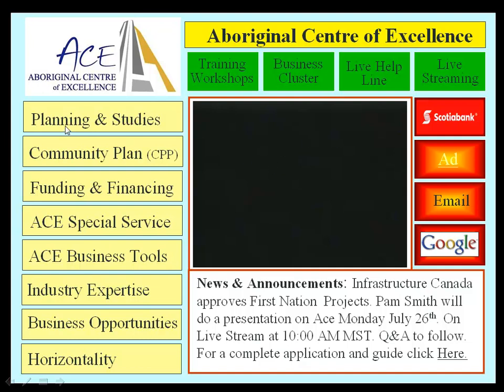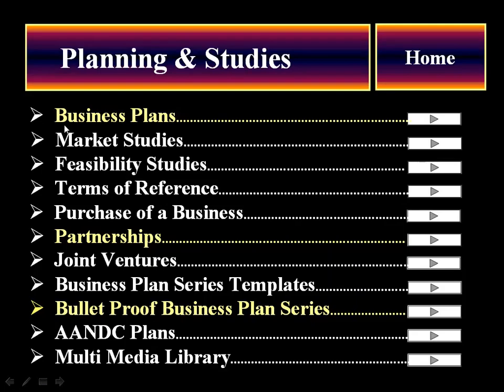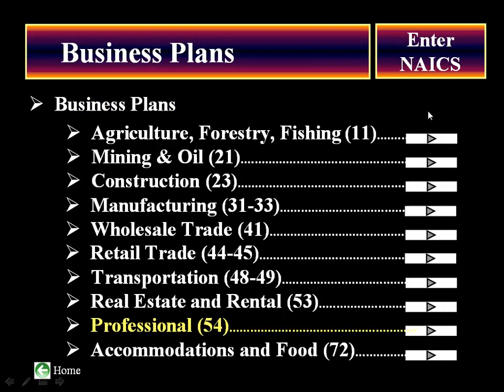So all those 25 areas we talked about feed into what we're going to show you now. So planning and studies. There's a whole wide range of planning and studies that we already talked about. I'm just going to talk about a couple here just to show you how we can move around the site. So under business plans, for example, there'd be a wide range of business plans as we talked about before.